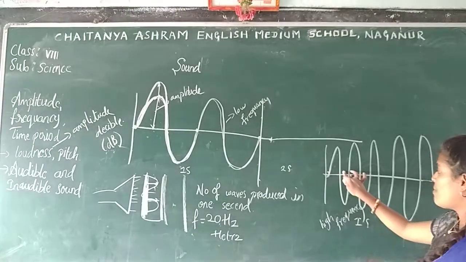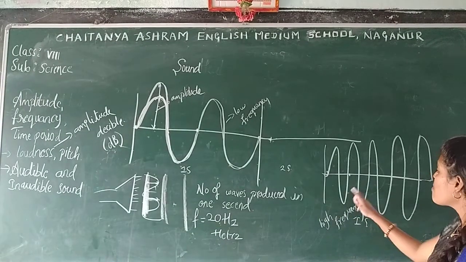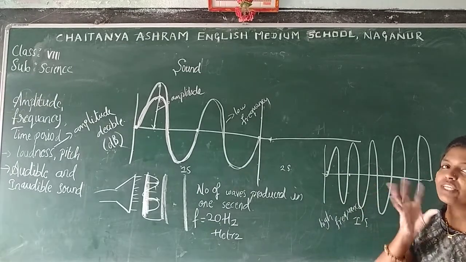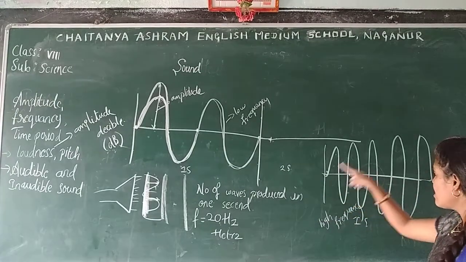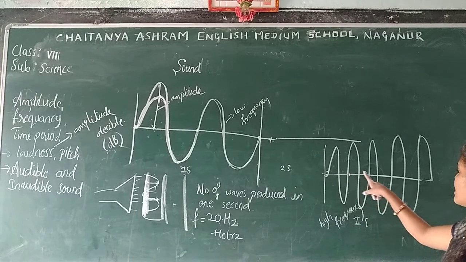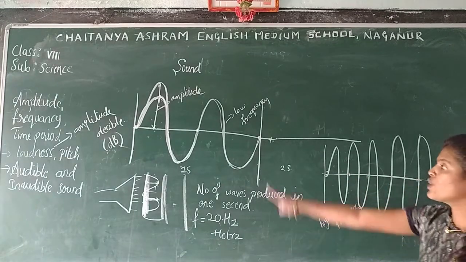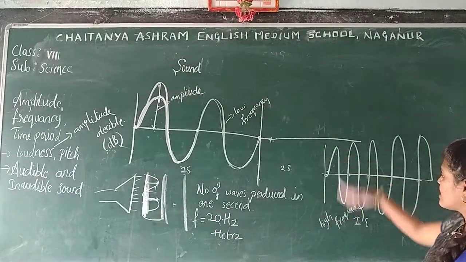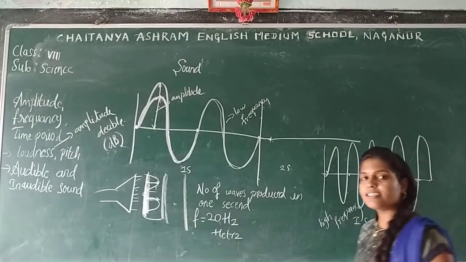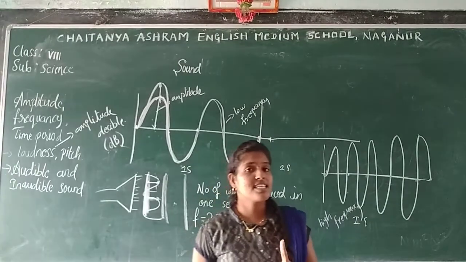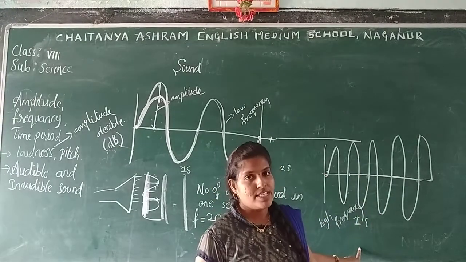So low and high, how do you define that? On the basis of the number of cycles produced in 1 second. Here how many cycles are produced? 1, 2, 3, 4. Here only 2. So as the number of cycles increases, we can say it is a high frequency sound.